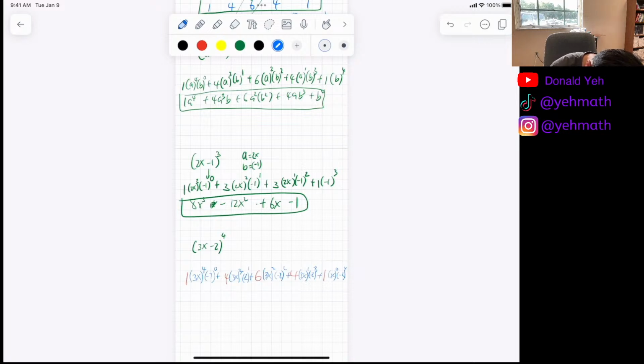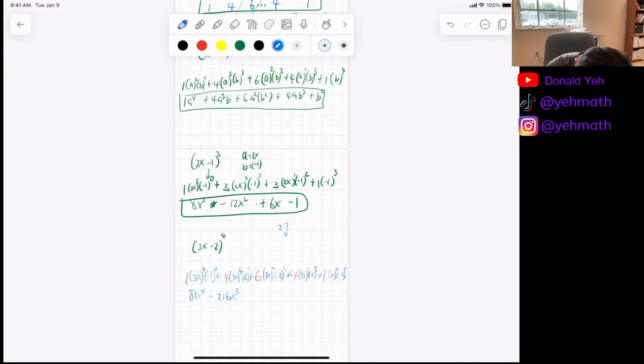But this one's going to give you 81x to the 4th, plus or minus, 27 times 4 is 108. It's 216x to the 3rd.